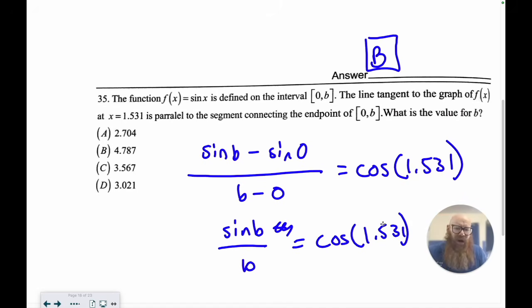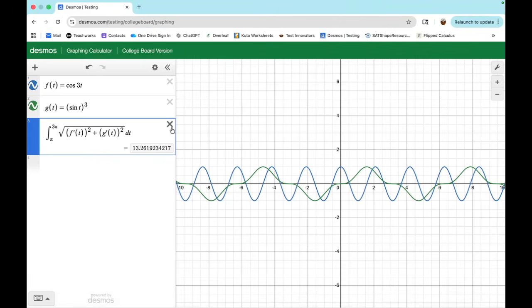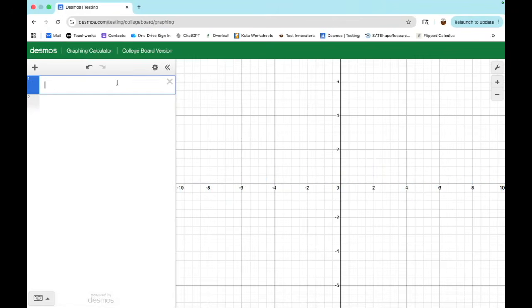We probably could have had Desmos take the derivative for us, but the derivative of sine is cosine, which is so straightforward that I didn't use Desmos for that. So now I'm just going to go over to Desmos and plug that in, but instead of b, I'm going to use x.